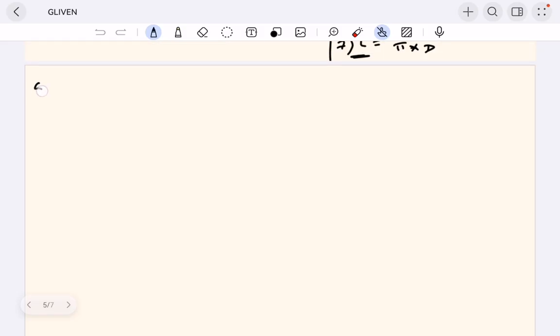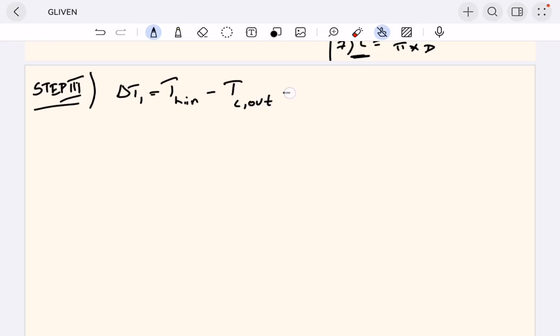So step 3, we are going to calculate delta T1. So delta T1 is T of hot water in minus T of cold water out. So this is 160 degrees Celsius minus 80. We should get 80 degrees Celsius.